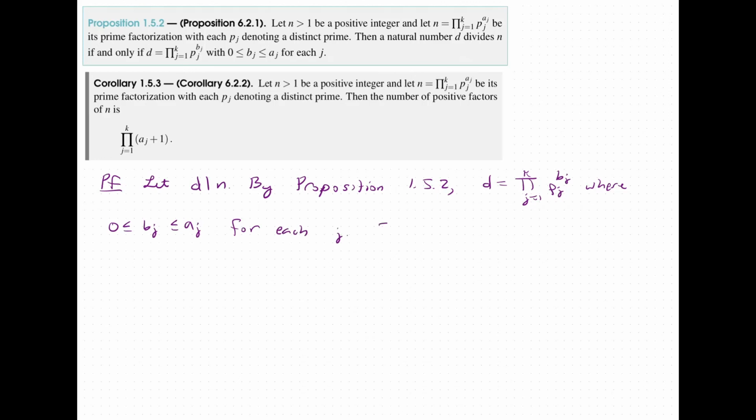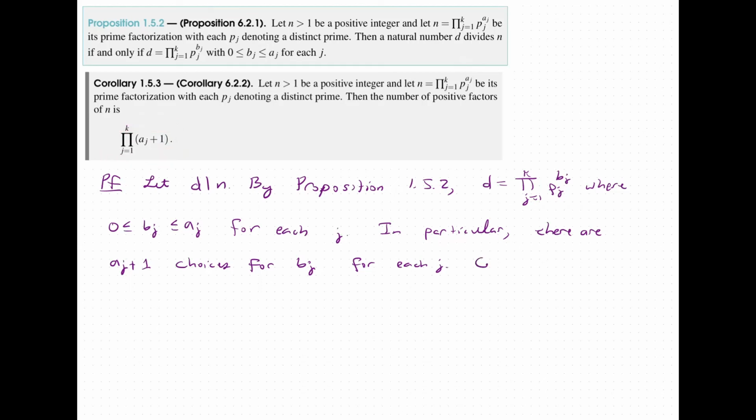In particular, there are a sub j plus 1 choices for v sub j for each j. And since there are k j's, we end up getting that the total number of factors is given by this.